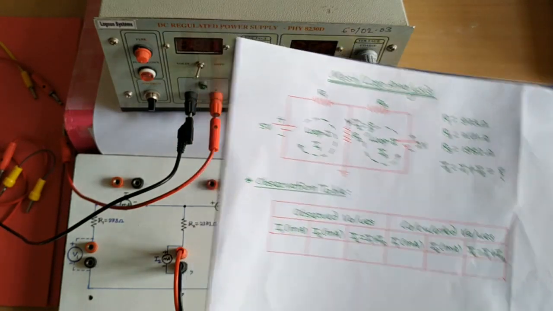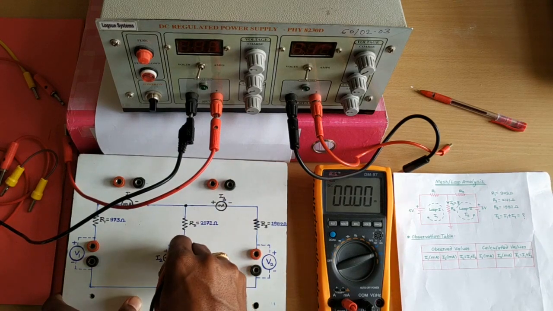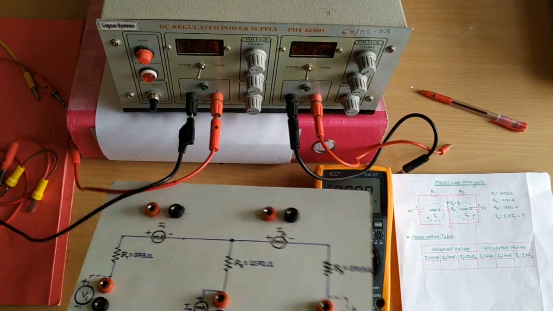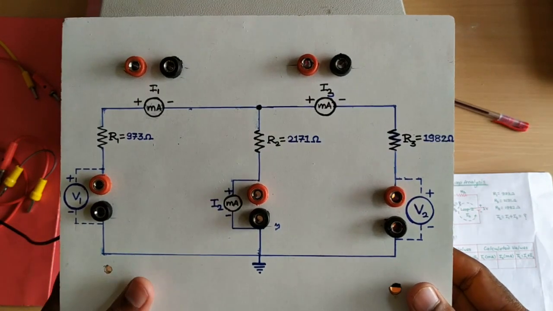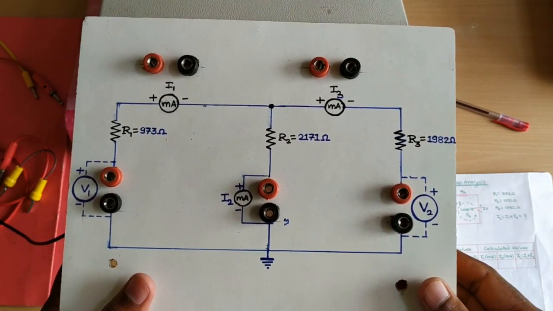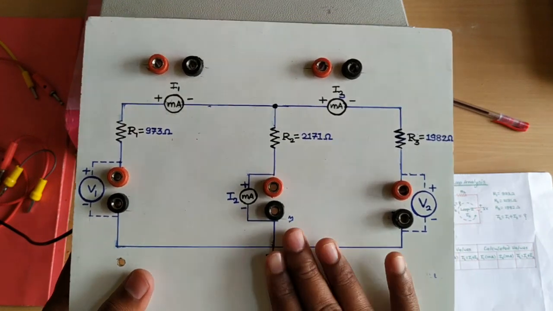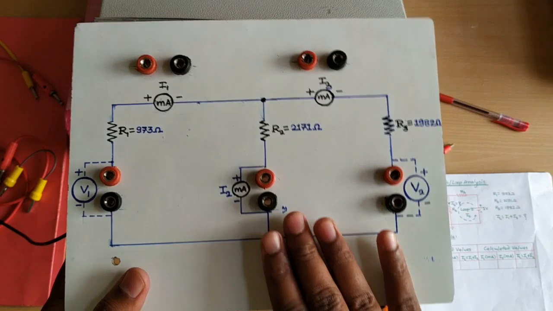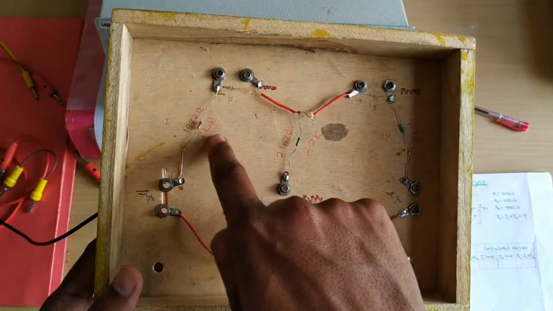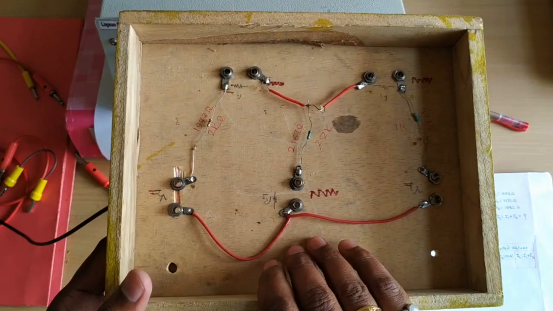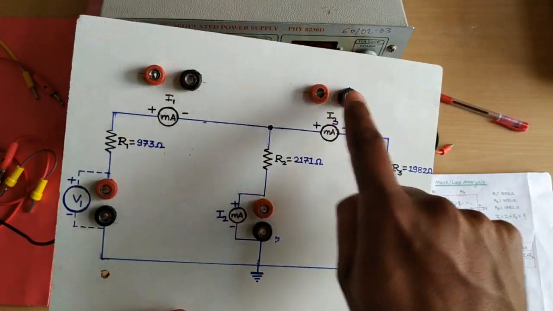For this experiment we are using this experimental setup. You are already acquainted with it. We have already performed Norton theorem, Thevenin theorem, node analysis, and the superposition theorem by using the same experimental kit. We have soldered all the resistances from the backside like this, and we have used some connectors over here.